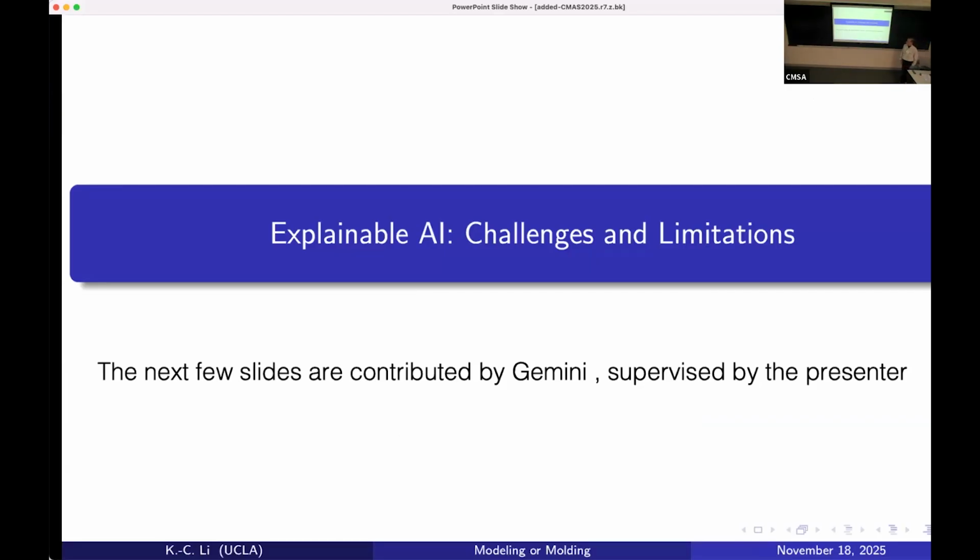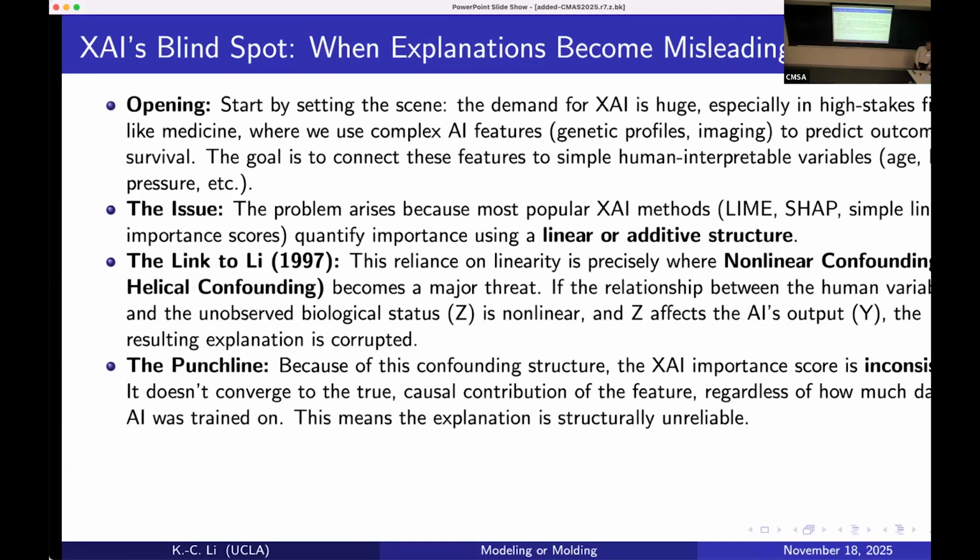So these are all my old stuff, and then I asked what's the challenge, because I know that nobody is really using this stuff in AI. So this is what Gemini suggests, that perhaps you can do this.